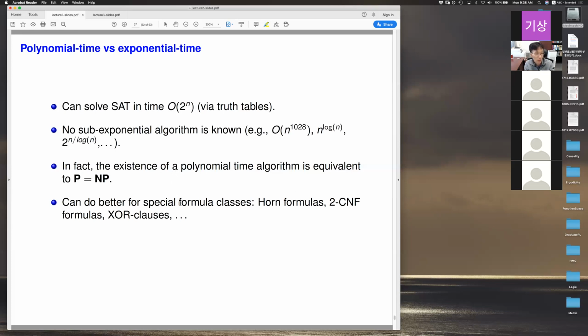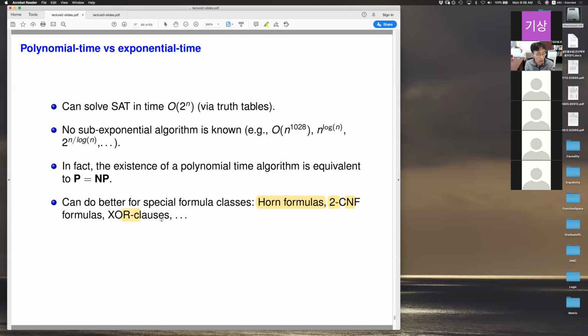Another comment I want to make is that the satisfiability question for arbitrary propositional logic formulas is hard. But if you restrict the set of formulas to, say, Horn clauses, 2CNF, or so-called XOR clauses, then there are polynomial time algorithms for these restricted classes of formulas.